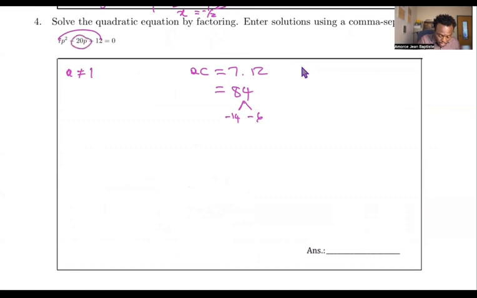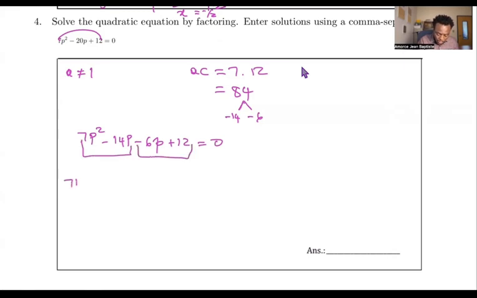So we write negative 20p as negative 14p minus 6p, and then 7p squared minus 14p minus 6p plus 12 equals 0. The first group and the second group.